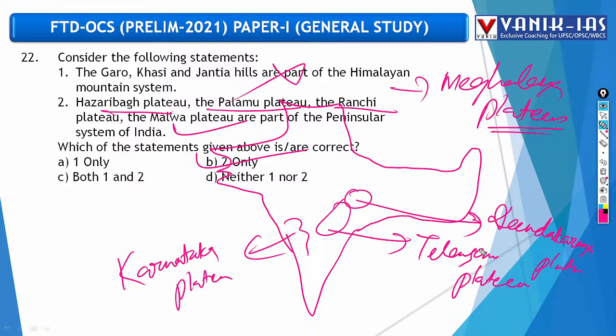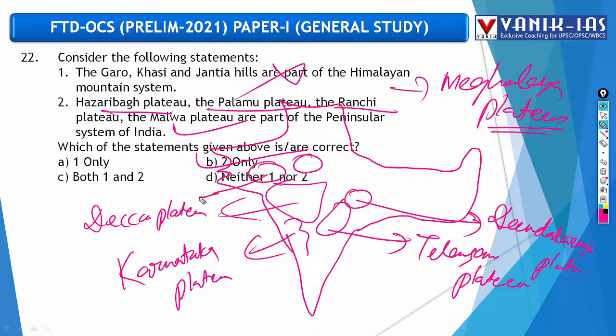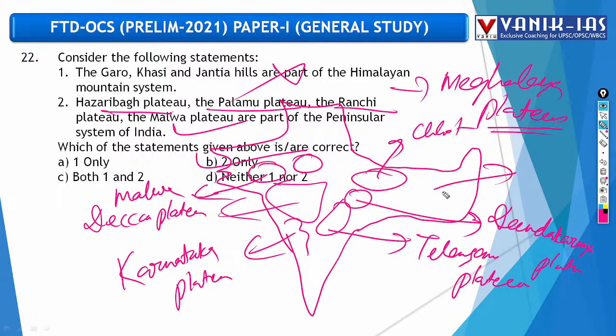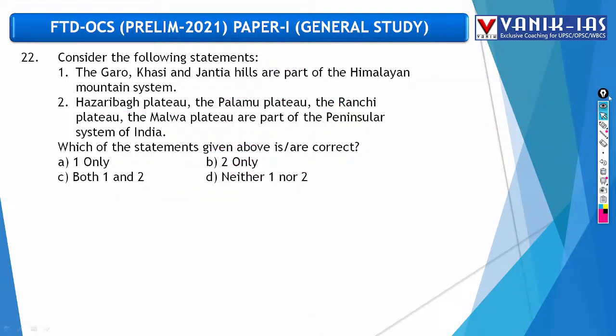And here is your Deccan Plateau. Just above the Deccan Plateau, there is the Bundelkhand Plateau. And here you will see the Malwa Plateau. And here is your Chotanagpur Plateau. And then the Shillong Plateau or Meghalaya Plateau. These are various plateaus. Plateau means highland regions.